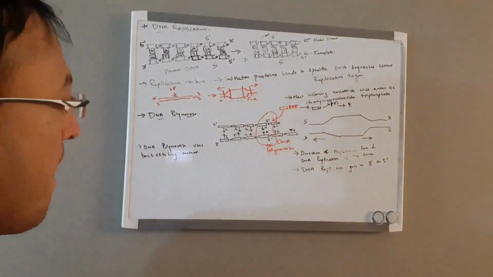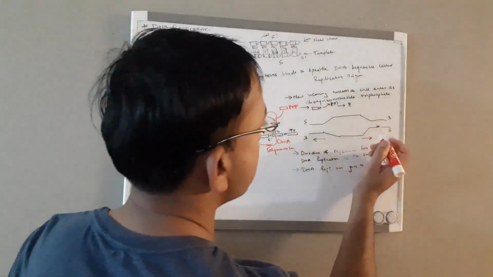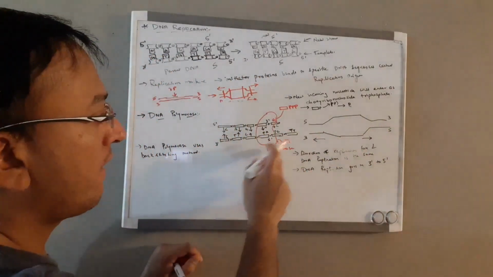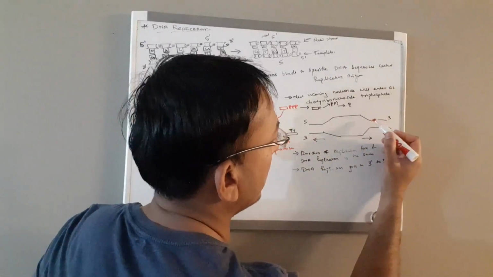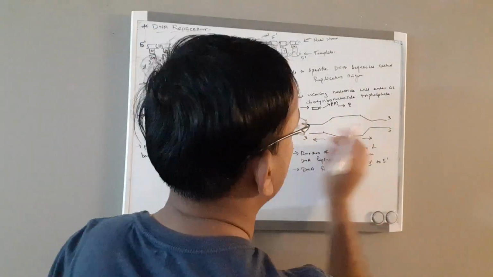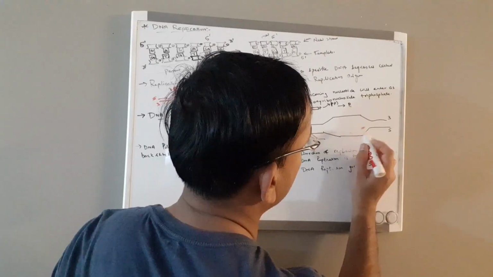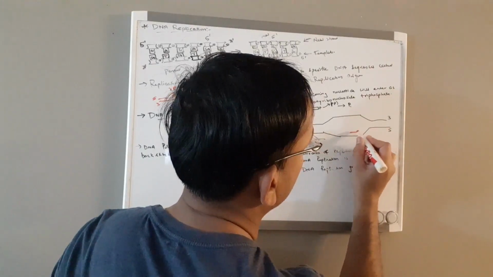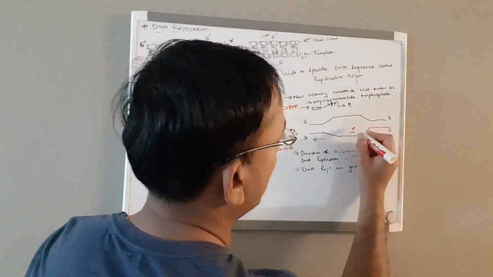So when the DNA polymerase adds the new nucleotide to this, what happens? For example, I'll show you. This is halfway. This is a nucleotide, the new one, pink.